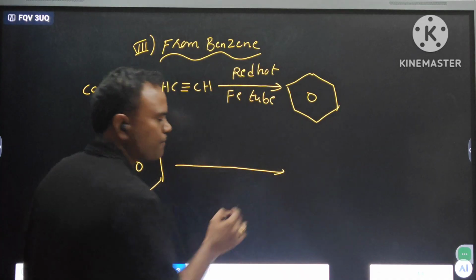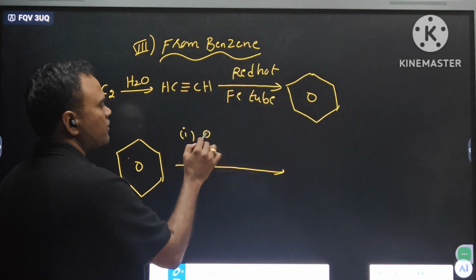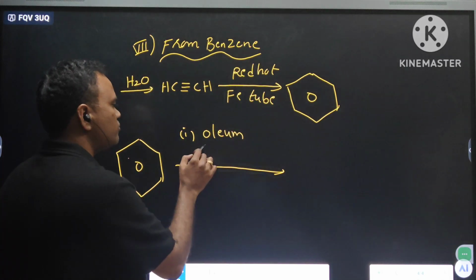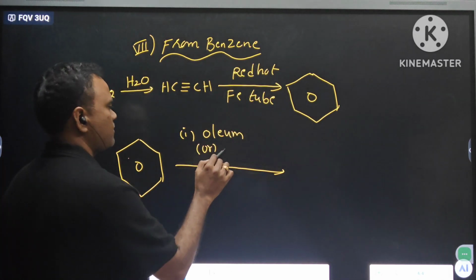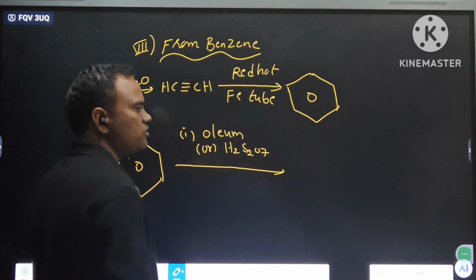Take that benzene. See, benzene when added with oleum, also represented like this, H2S2O7, pyrosulfuric acid.